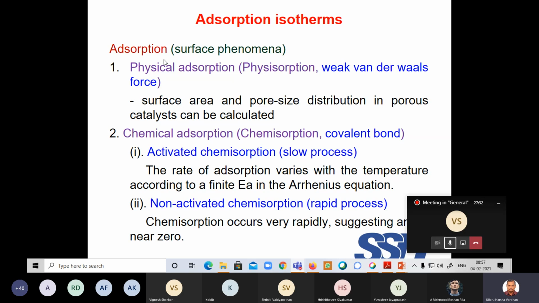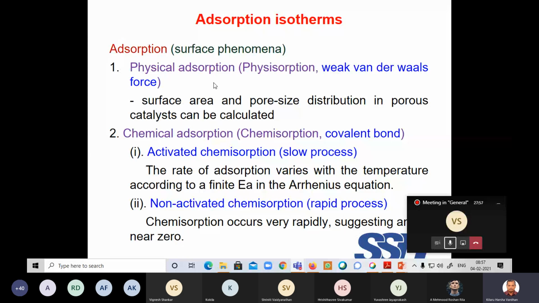So when it is getting adsorbed, there can be a physical adsorption or a chemical adsorption. Now, what is physical adsorption? Physical adsorption is called physisorption. This is because of the weak van der Waals forces. The surface area and the pore size distribution in a porous catalyst can be calculated using physical adsorption.